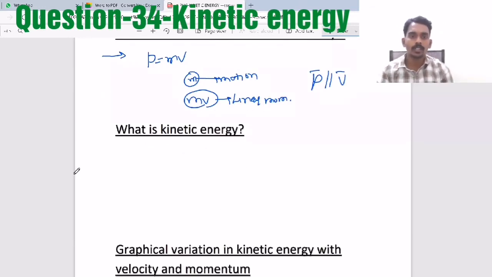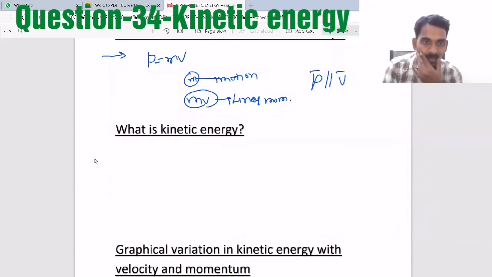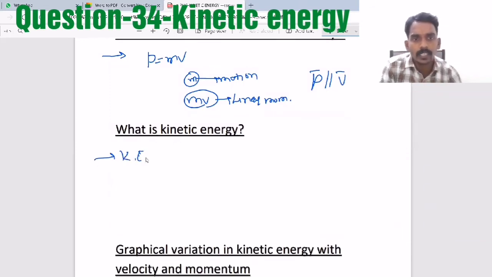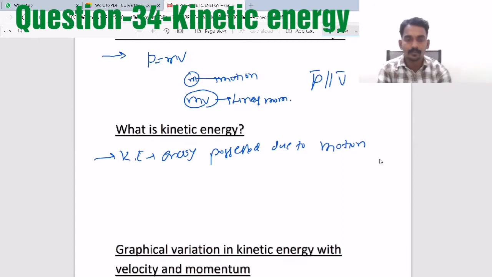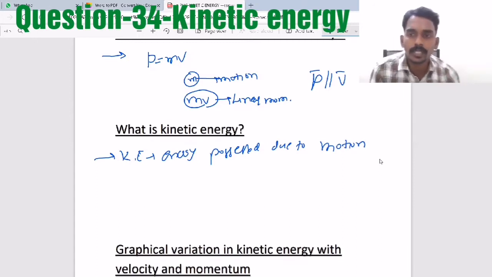And then we need to understand what kinetic energy is. Kinetic energy is the energy possessed by the body by virtue of its motion.